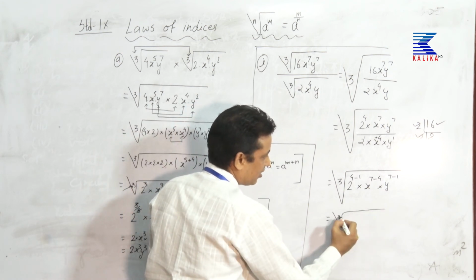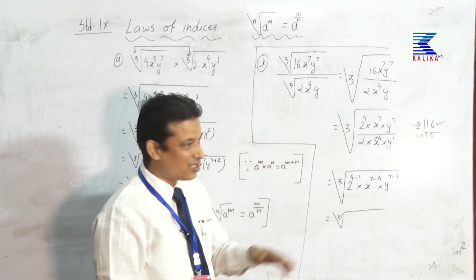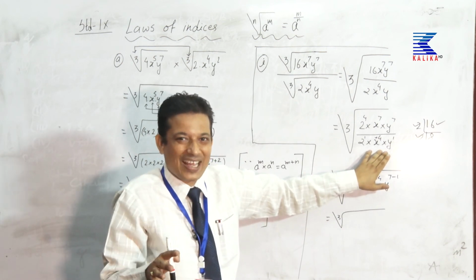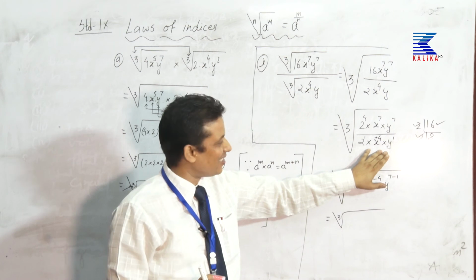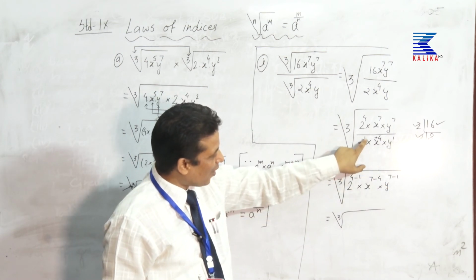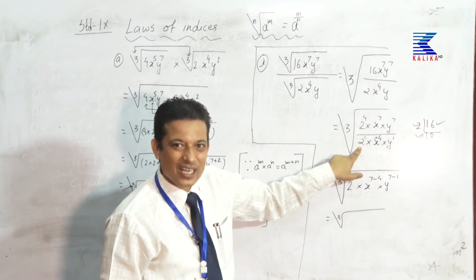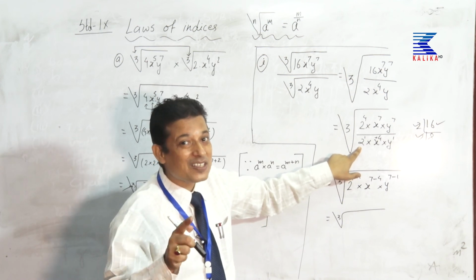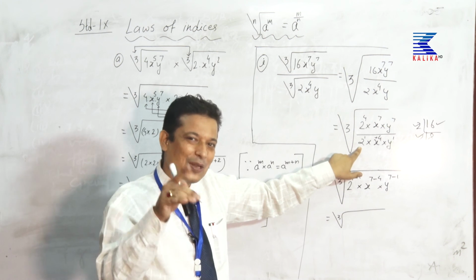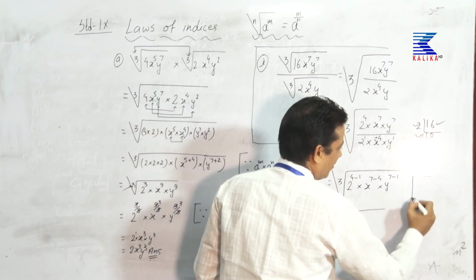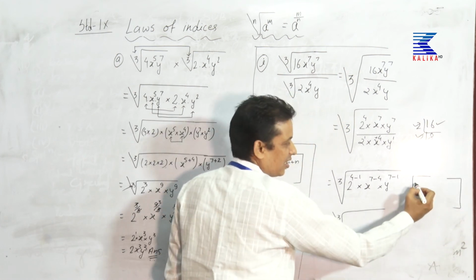After that, don't be confused: where has the denominator gone? It has not gone anywhere. Using the laws of indices, this 2 to the power 1 goes up, and there is no need to write 2 in the denominator because it has gone to the numerator. Next, let me explain the rule here. Which rule is used here?